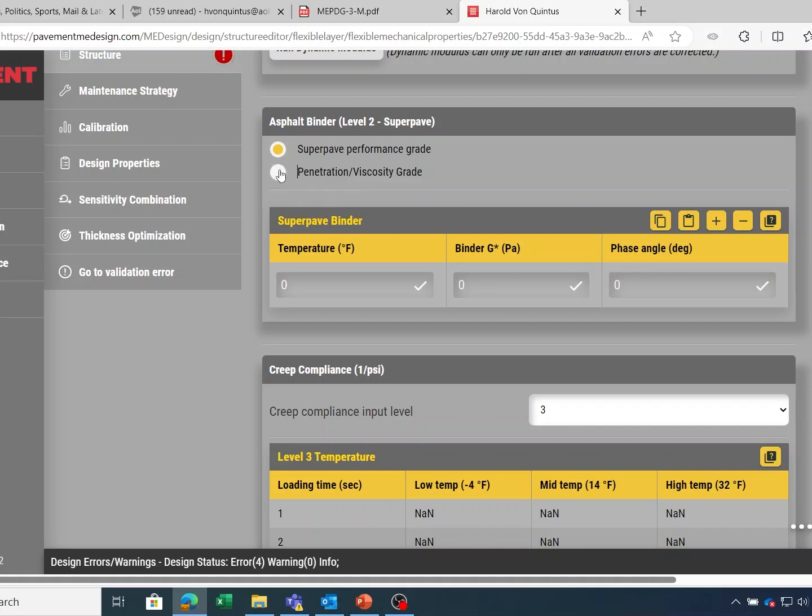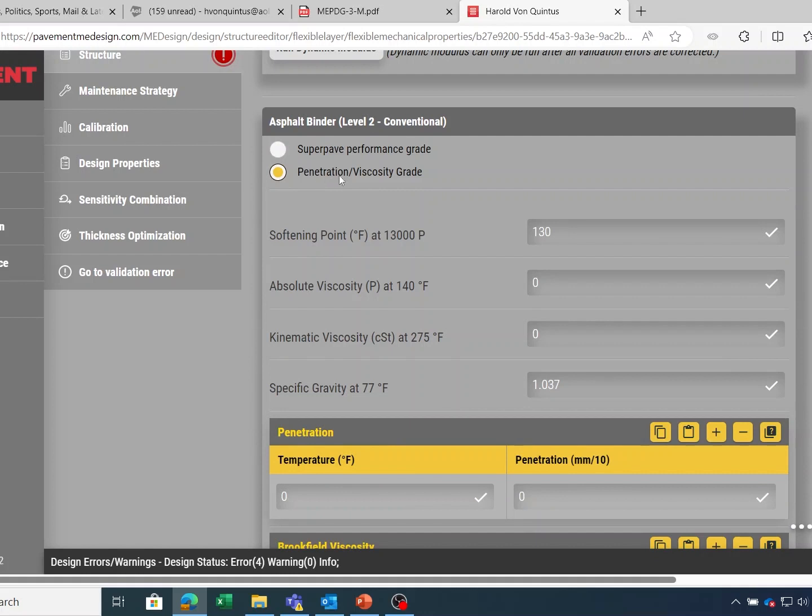The other thing the user can do is enter a penetration viscosity designated grades in the program. The softening point, absolute viscosity, or the softening point at 13,000 poise, the temperature.